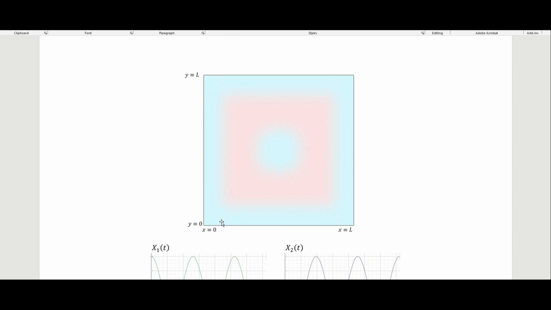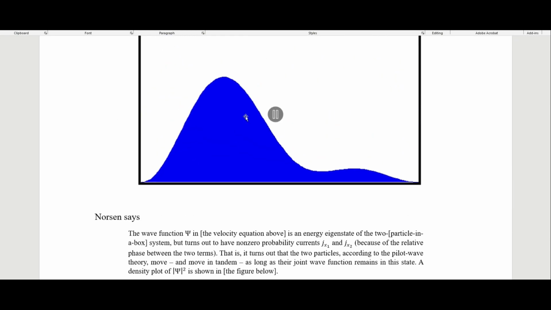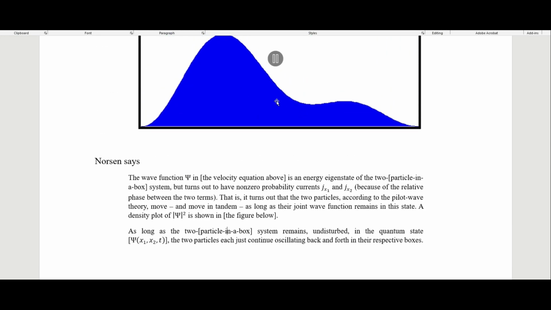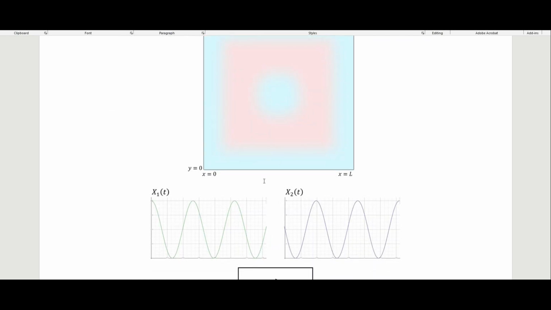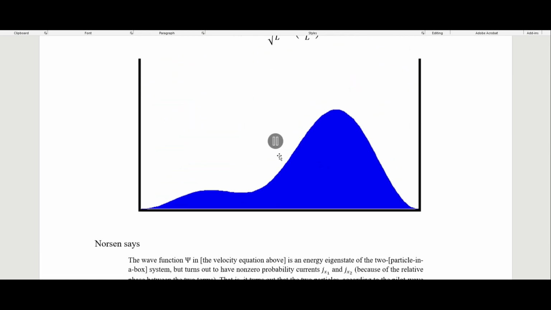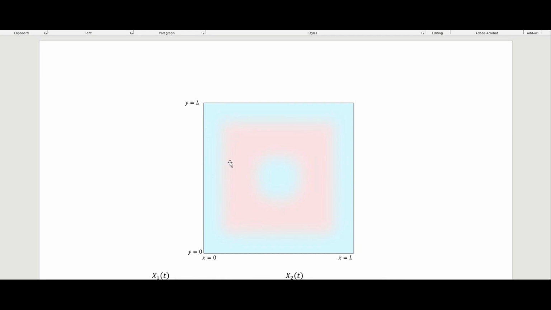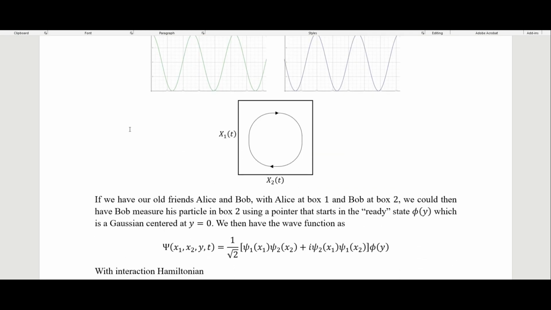And so the x-axis here is the particle in the first box, and the y-axis here is the particle in the other box. So when I say that it's sort of sloshing around here, that's saying that we have this going on in each box. So you'd have to think of looking at what's going on here from the x-axis position, and also here from the y-axis position. So that's how we get that sort of circular sloshing going on in configuration space here.